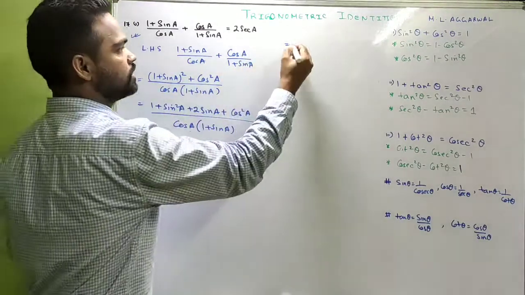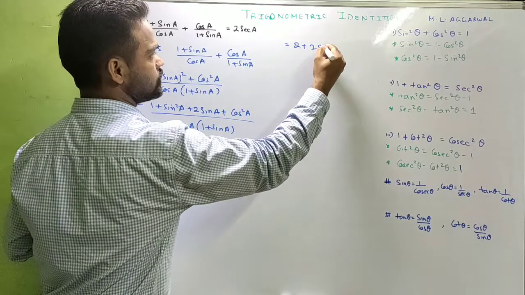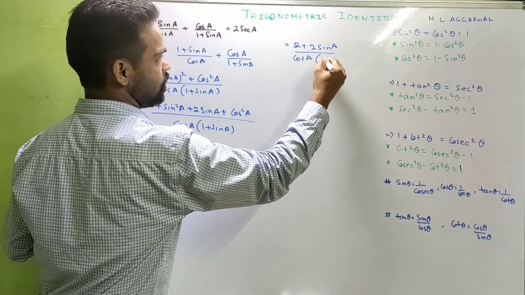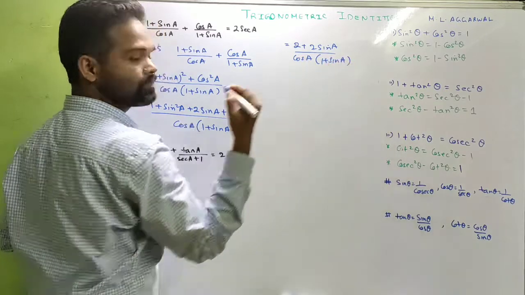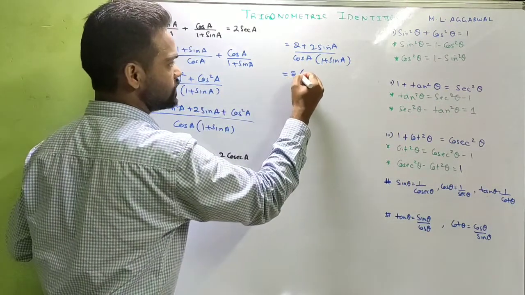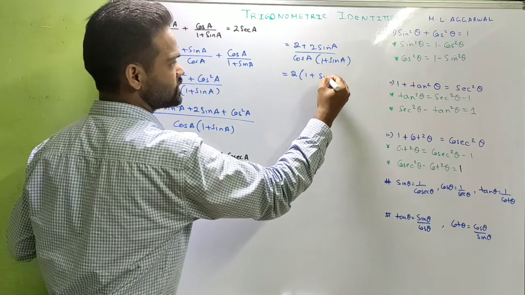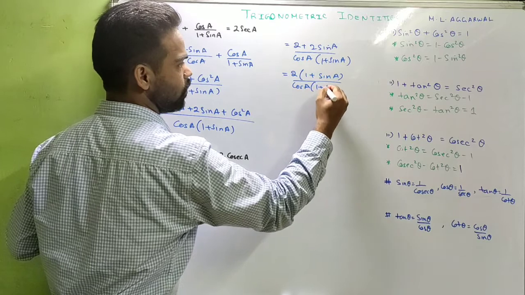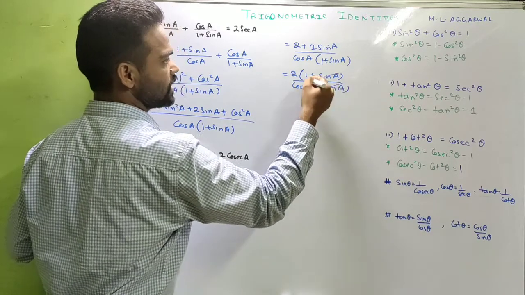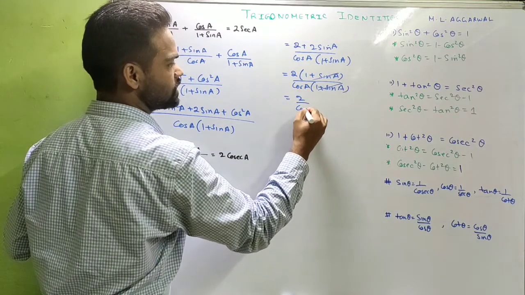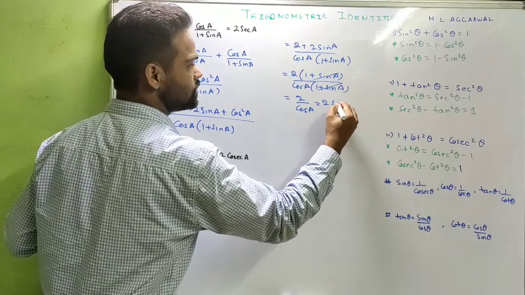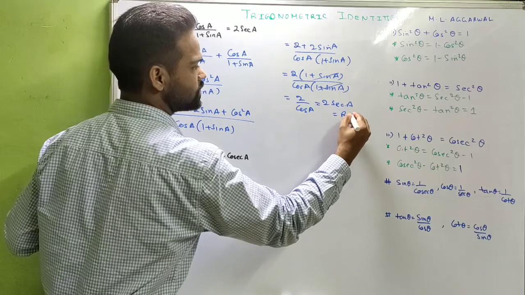So 1 plus 1 will be 2, plus 2 sine A by cos A (1 plus sine A), isn't it? Which means if we take 2 common, that becomes (1 plus sine A) by cos A (1 plus sine A). So this cancels out. So 2 by cos A. Now 1 by cos A is what? Sec A. So this is 2 sec A equals RHS.